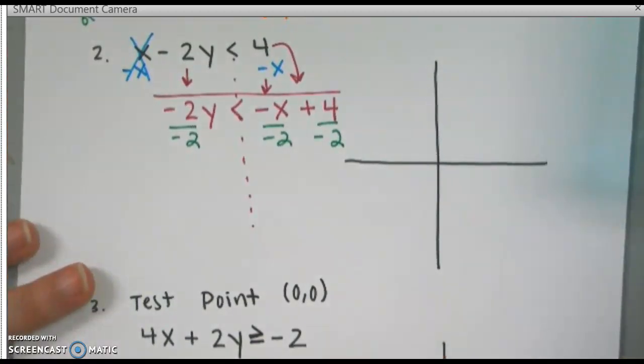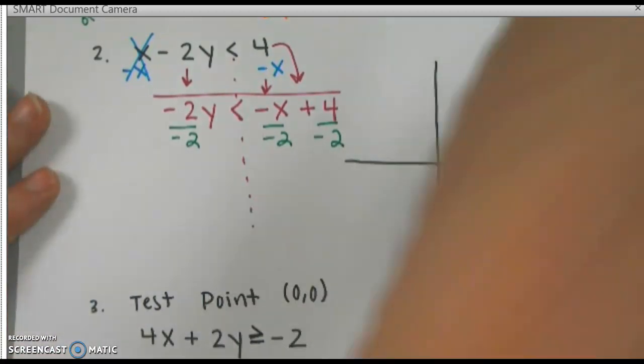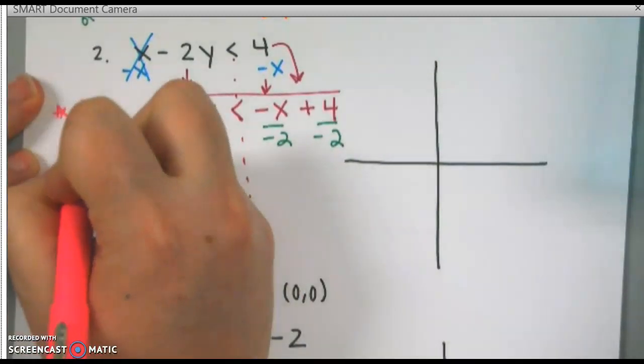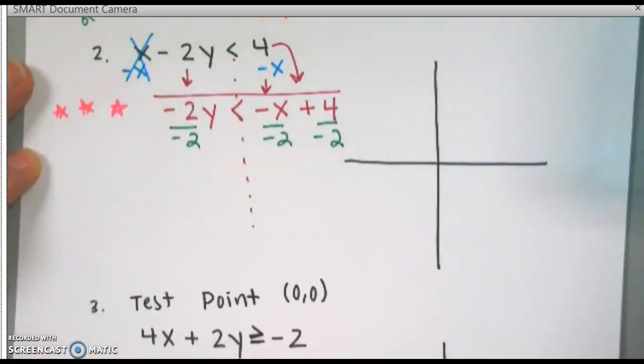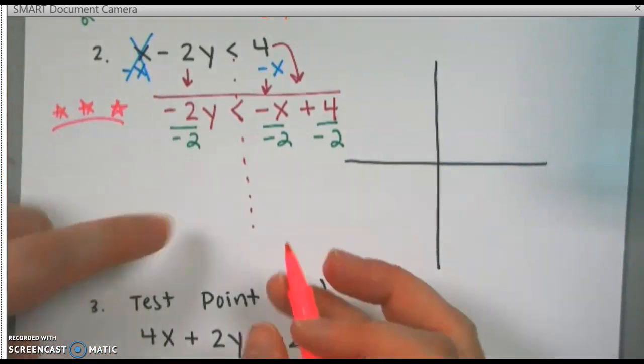There is something special that we have to do when the number in front of y is negative. There is something extra that we're supposed to do if the number that you're dividing by is negative.